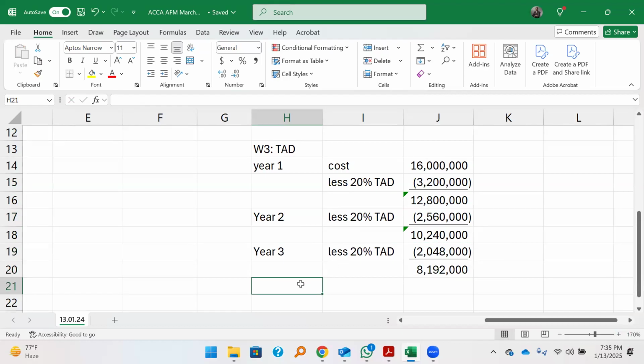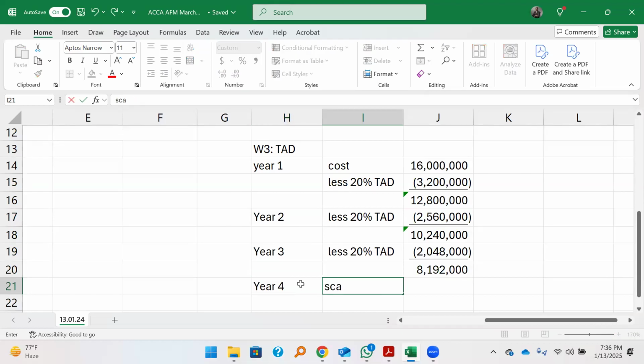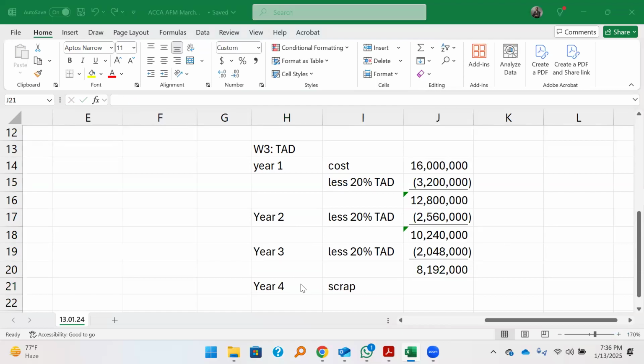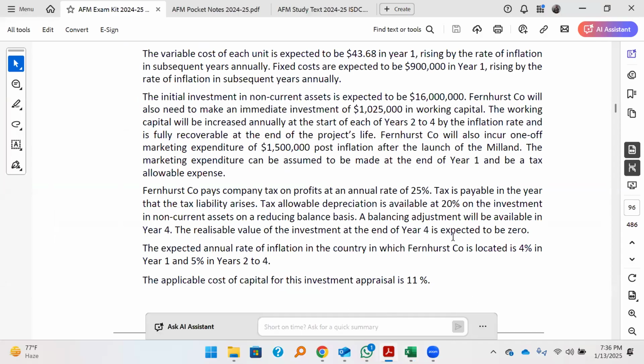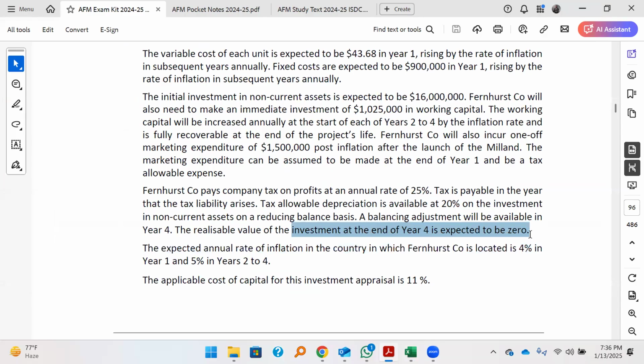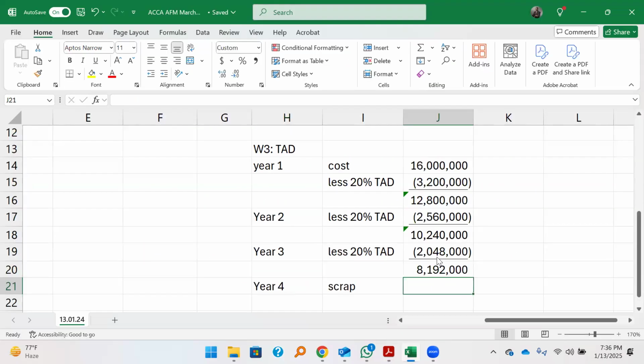Now, remember this project is for 4 years. So in year four, you look at the scrap. Now, the scrap is the residual value, but they say that the residual value is 0. So residual value is 0.